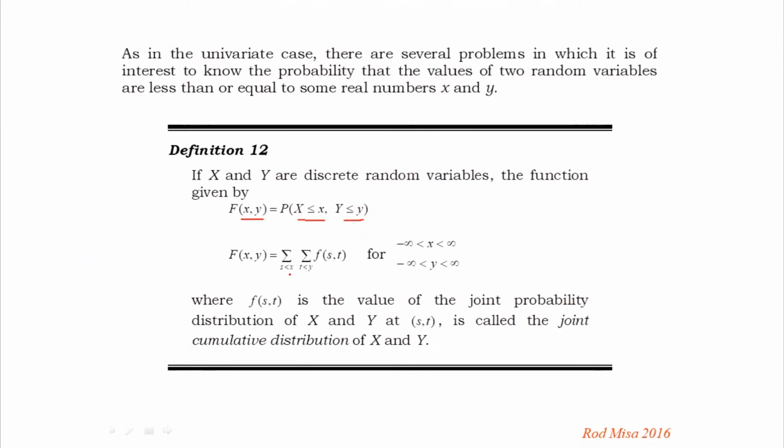It can be solved by adding all probability values of the joint probability mass function small f of s and t, where s are values of the random variable x less than or equal to x, and t are the values of the random variable y less than or equal to y, where f of s and t is the value of the joint probability distribution of the random variables x and y at s and t. This is called the joint cumulative distribution of the random variables x and y.